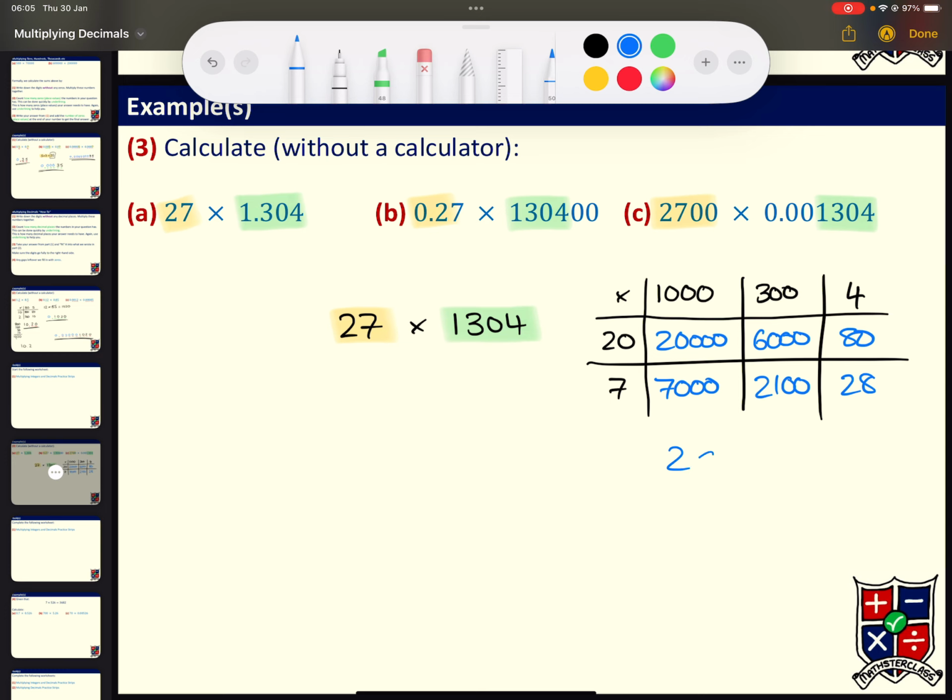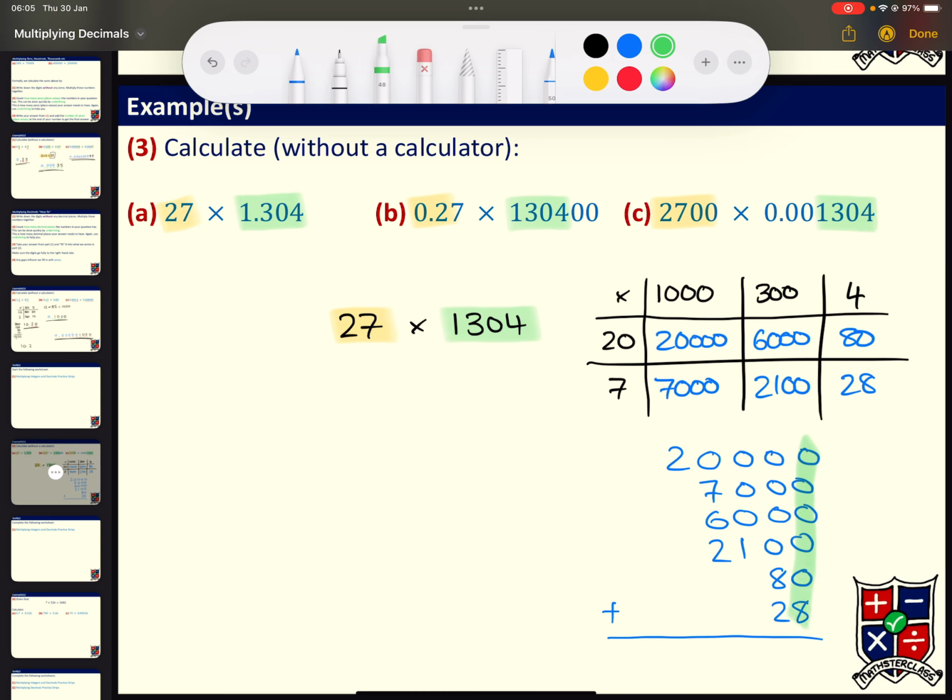We're then going to add these numbers together, making sure that we're careful with place value. As I'm lining these up, the 7,000 and the 6,000, I've got to make sure that they're not in the same column as that 2 for 20,000. We then have a 2,100, we then have an 80 and a 28. Adding all these up, in the first column, we're only going to get 8.